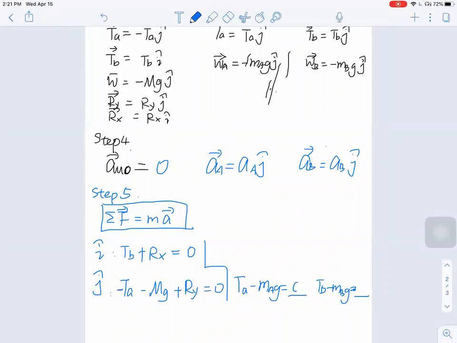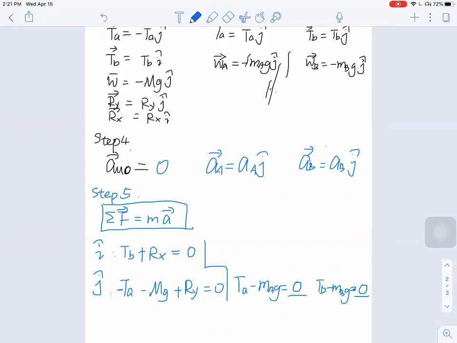If I write 0, would that be right? So sum of the forces in the J direction is 0 for both block A and B. Could someone tell me, is this right or not? I'm going to call someone to answer this. How about Isabel? Can we write sum of forces equal to 0?